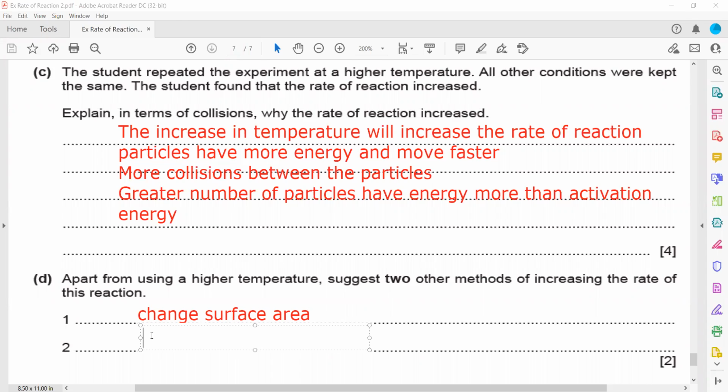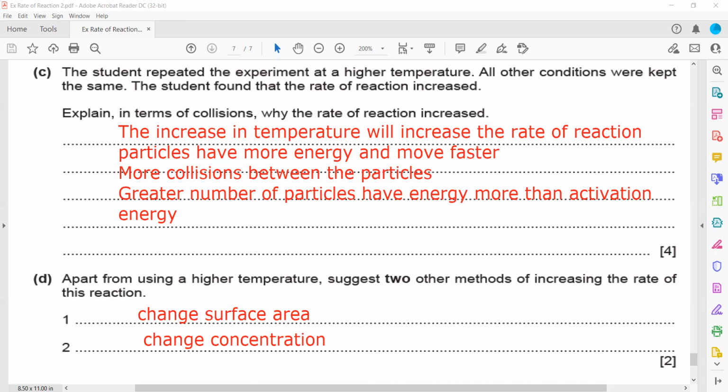But in this example, we cannot write pressure as the reactants are not in the gaseous state. The pressure only affects the rate of gaseous reactants. So change the surface area or change the concentration or amount of the substance. Both will affect the rate of reaction, or you can also write by using a catalyst.